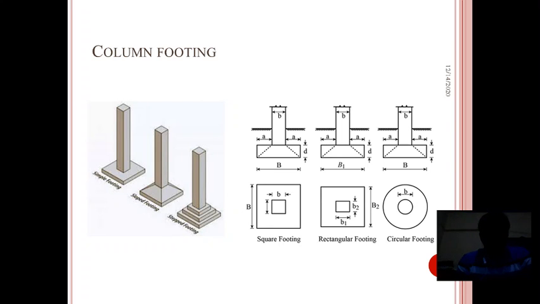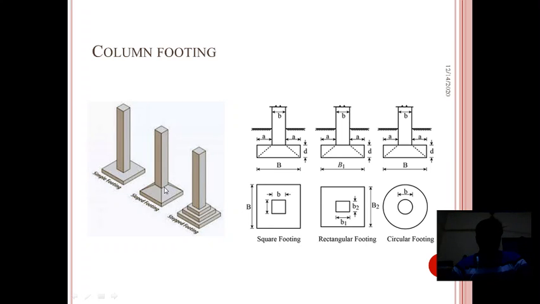You can observe here, in simple footing, based on the shape, these are categorized as square footing. These three figures show square footings. First one is simple footing, second one is sloped footing.